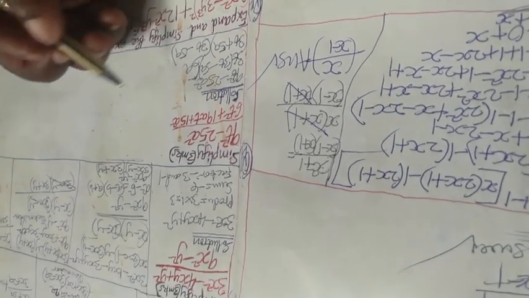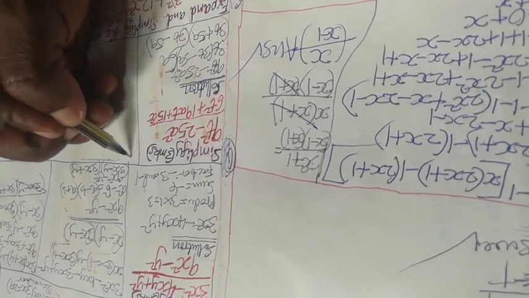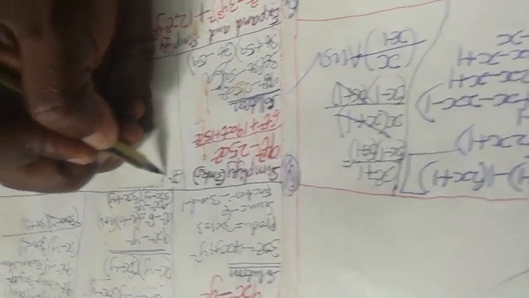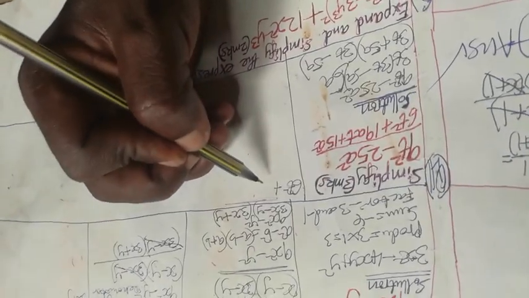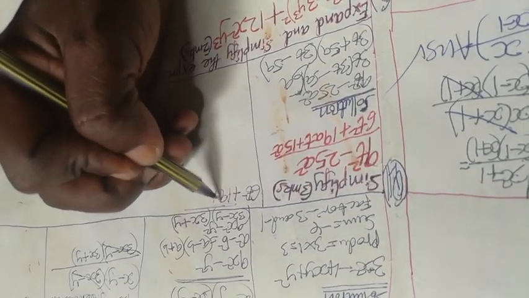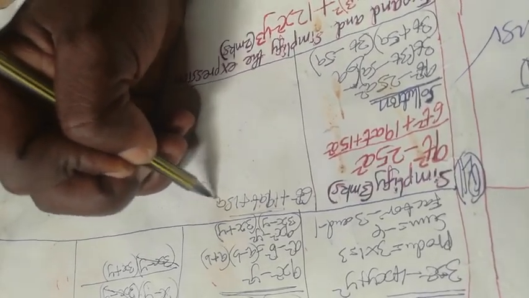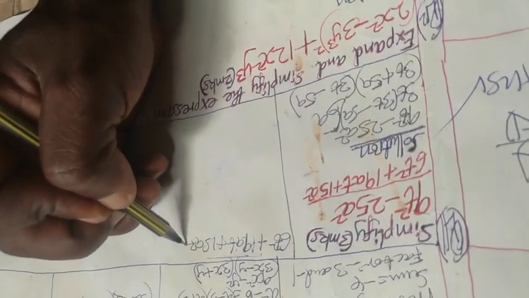Then go to our denominator. Our denominator is 6t squared plus 19at plus 15a squared.